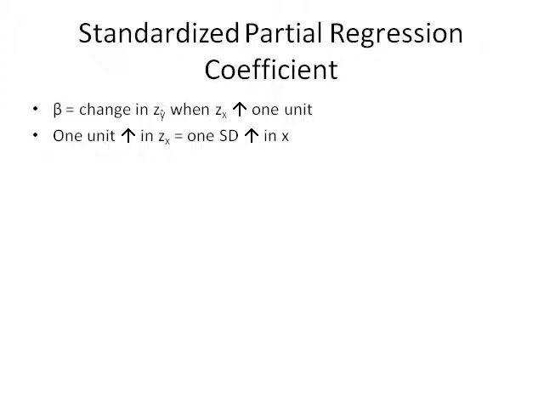Another important way of thinking of beta is that it equals the change in the predicted z-score of y when the z-score of x increases by 1 z-score. Of course, when we are talking about a 1 unit increase in the z-score for x, we are actually saying that the raw score of x has increased by 1 standard deviation.